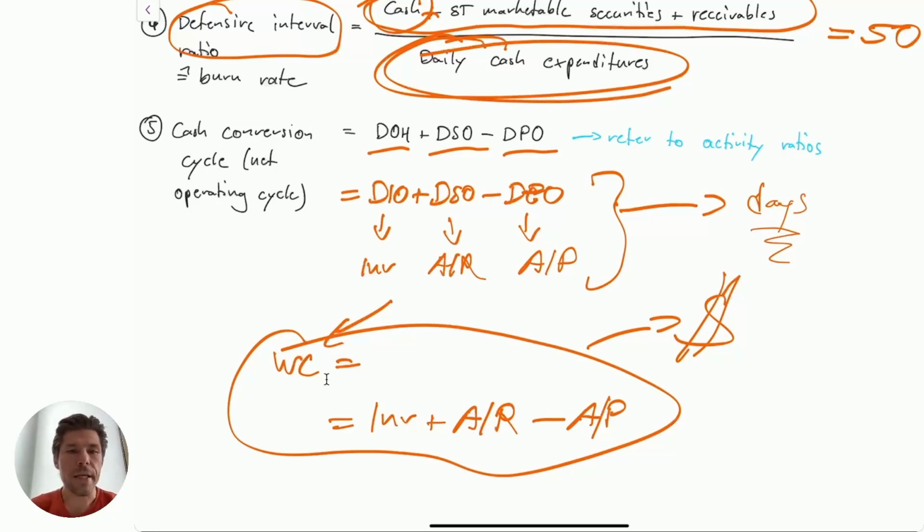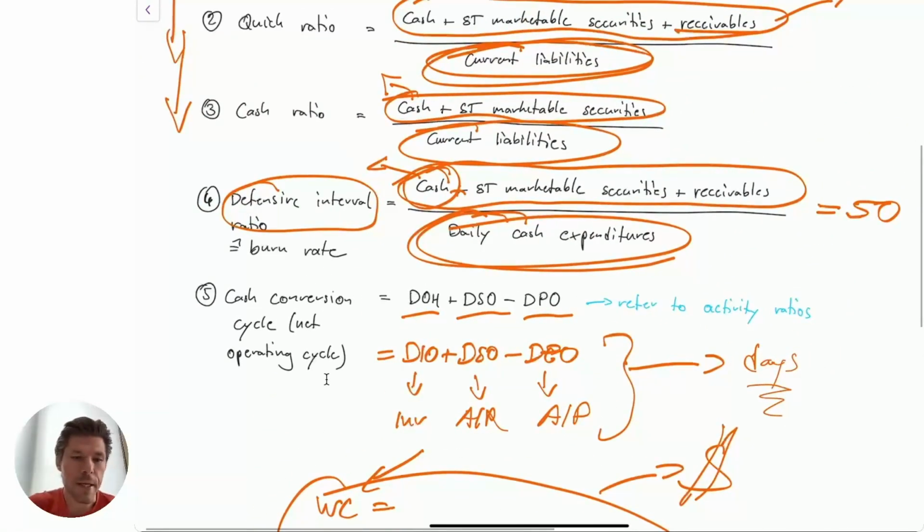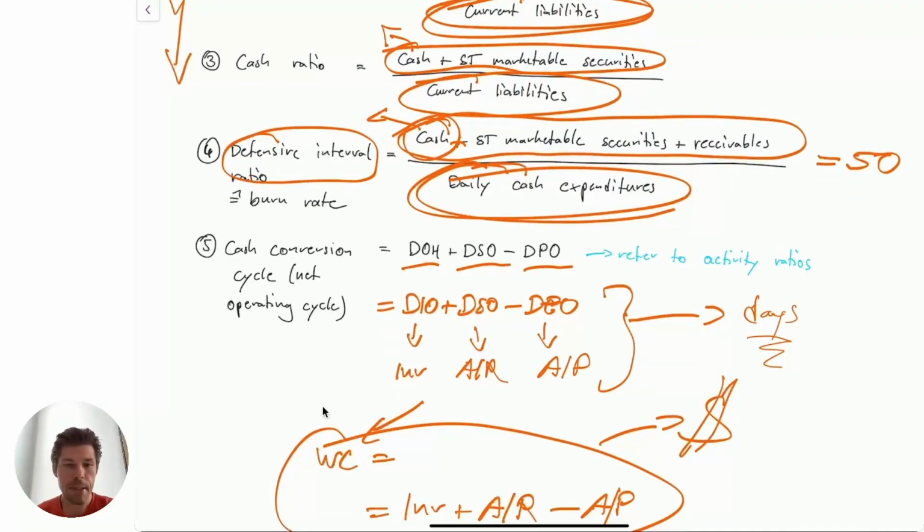How many days it takes to collect payments from your customers, or to pay your suppliers. Which gives you an indication again about the time that elapses from the point when a company invests in its working capital until the point at which the company collects cash, which is the cash conversion cycle.